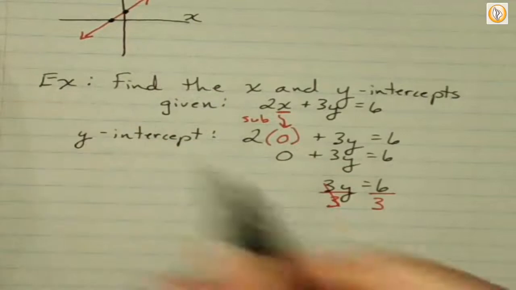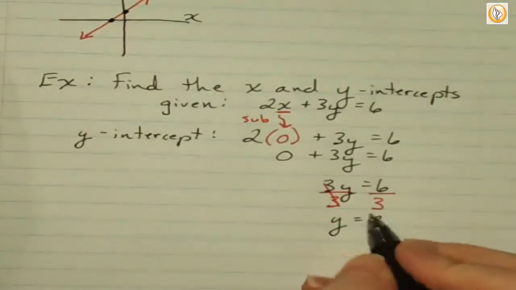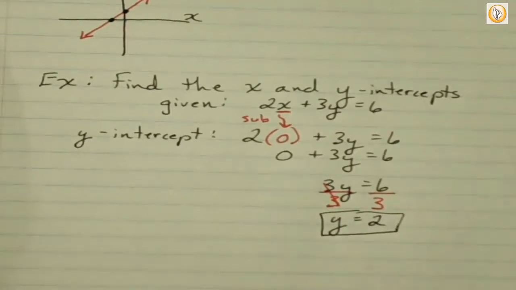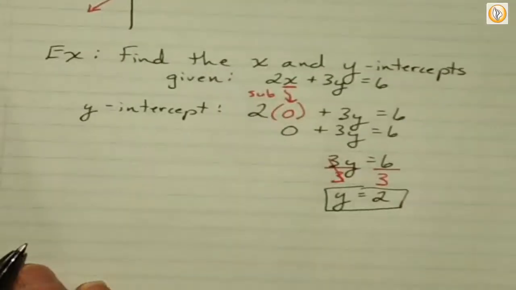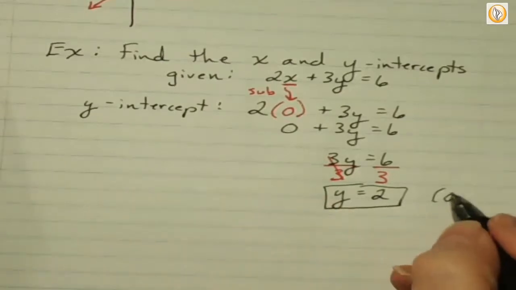Yeah. So y equals 2. So your y-intercept is 2. Basically, it's written 0 and 2.